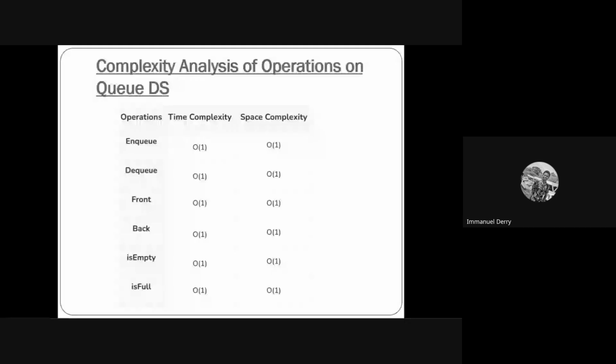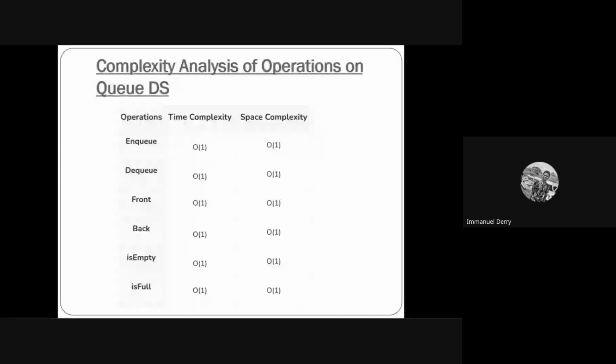All right. So in the process of choosing which data structure is best for us, it is very important that we check the complexity analysis of each of the basic operations on that particular data structure before we choose which one is best.